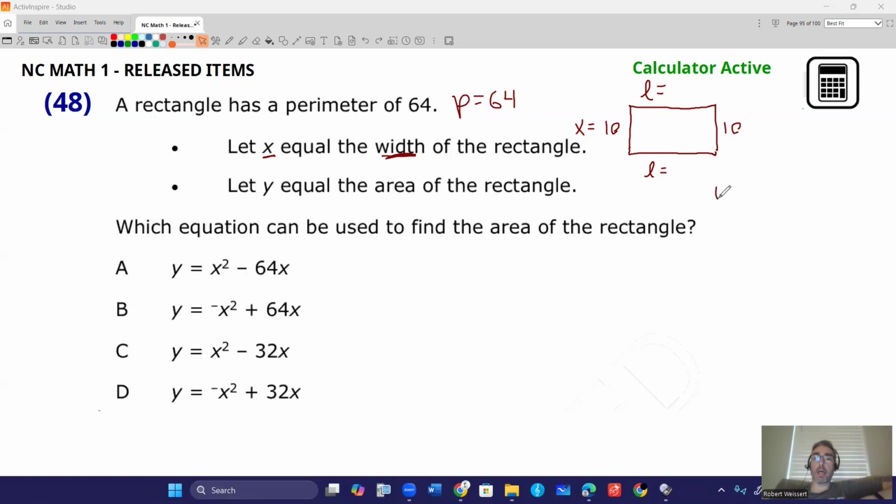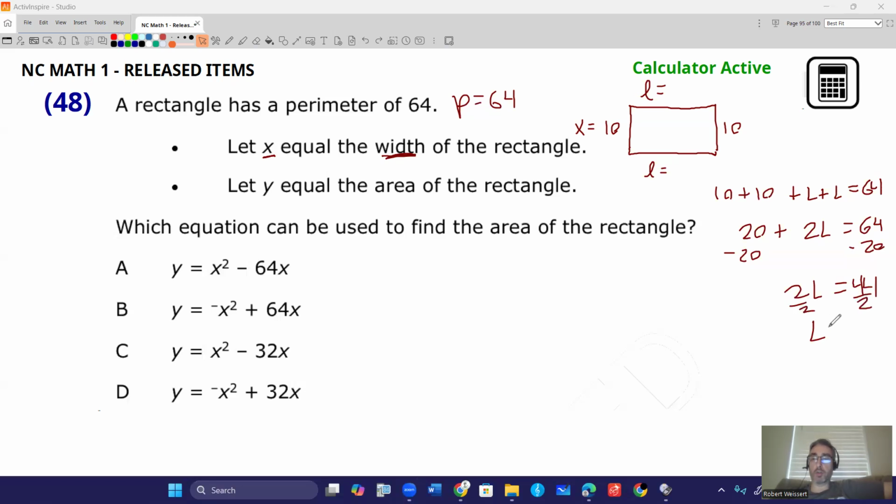So if 10 plus 10 plus L plus L is 64, that's 20 plus 2L equals 64. Taking away 20 from 64, I get 2L equals 44. So my length would be 44 divided by 2, which is 22.